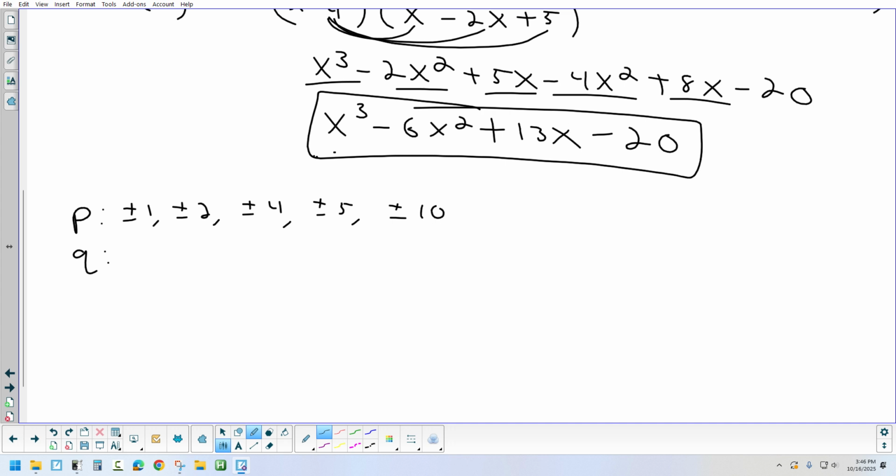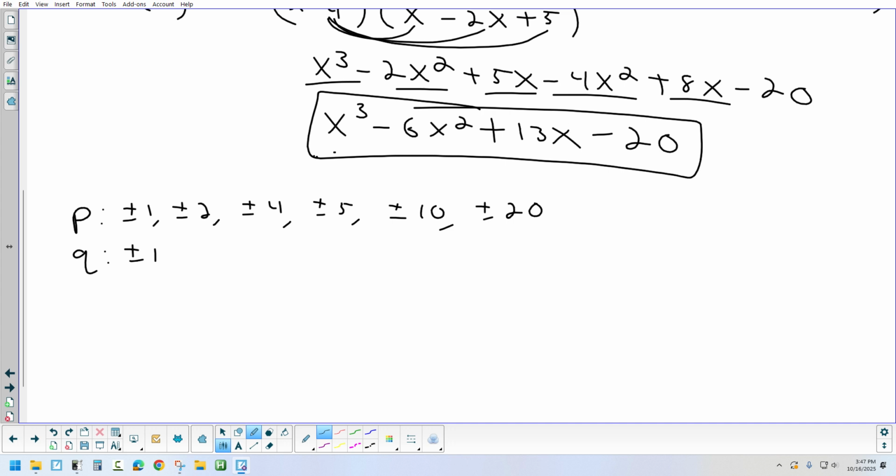And plus or minus 20. Ooh, a lot of options. How about Q? What are all the factors of my leading coefficient? 1, -1. Just 1 and -1. So actually, that one came out nice. So if I take all the P's over all the Q's, it's just P's.